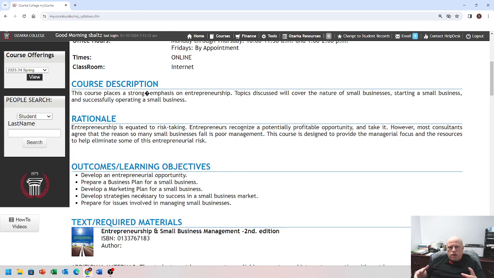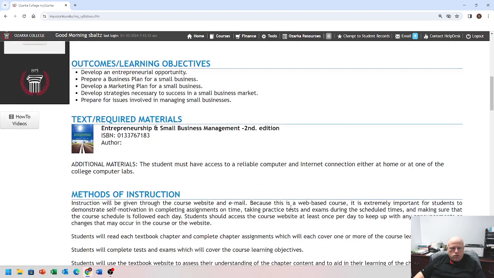Again, there are some unique characteristics of small businesses that makes it necessary to have a course like this one, specific to managing a small business. All right, so just read through those three sections: the course description, rationale, and outcomes. Again, those are all closely tied together. Let me know if you have any questions about it.